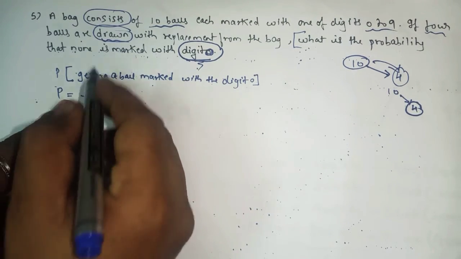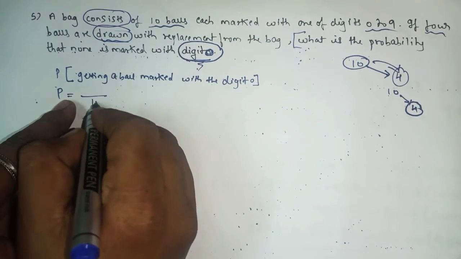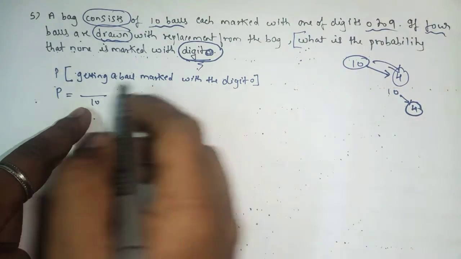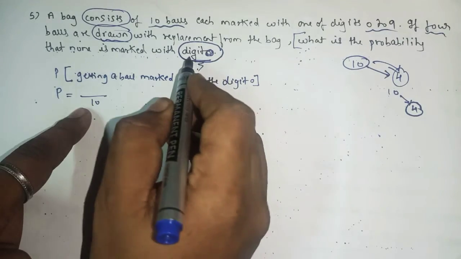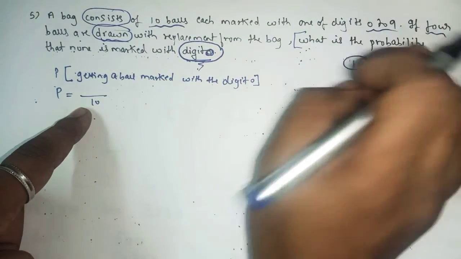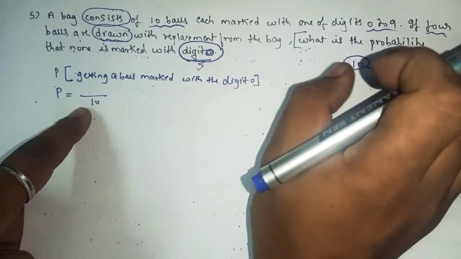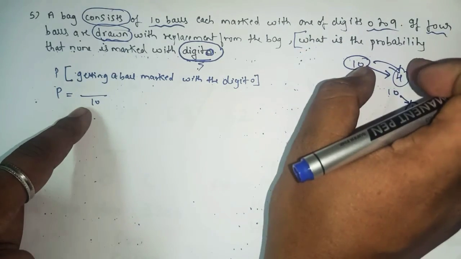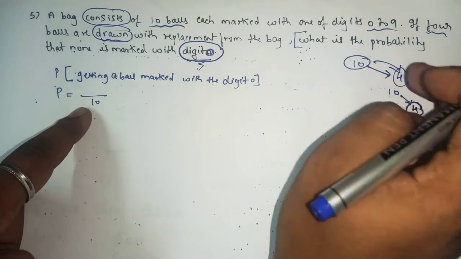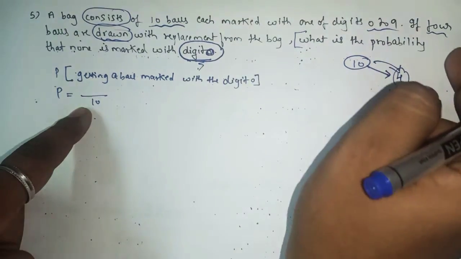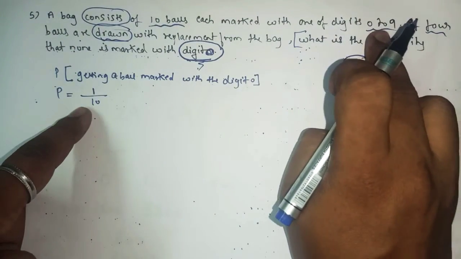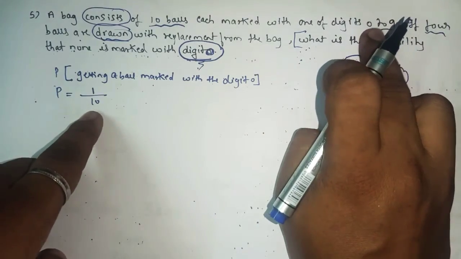As how many balls are there? There are 10 balls. That means n of s, in which we have to select a ball with the marked digit 0. Out of 10 balls, each ball will contain a particular number. First ball will be 0, second ball will be 1, third ball will be 2, and so on. How many 0s will be there? Only one, no? So out of 10 balls, one will contain digit 0.